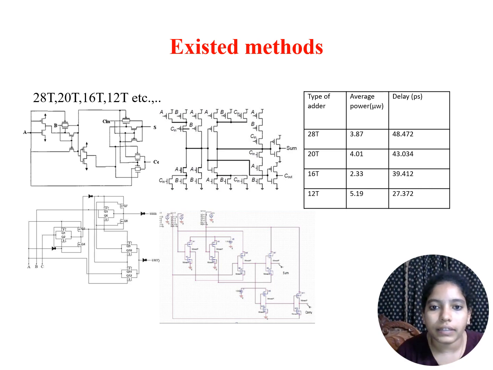Coming to the 20 transistor one, it has an average power of 4.01 microwatts and a delay of 43.034 picoseconds, and so on. If we observe here, some of them have low power and some of them have lower delay. So overall, we try to reduce the transistor count, and try to reduce the power consumption and increase the speed of the circuit.